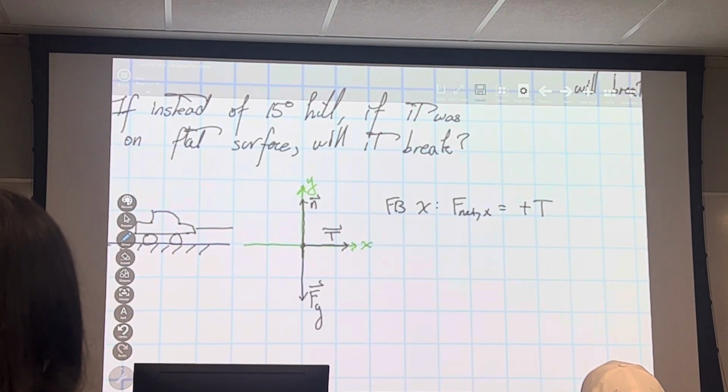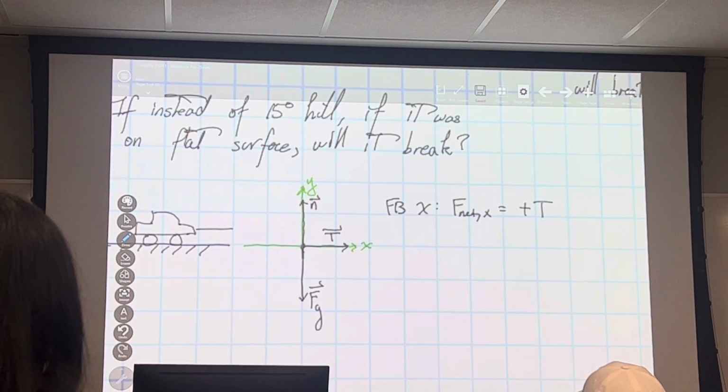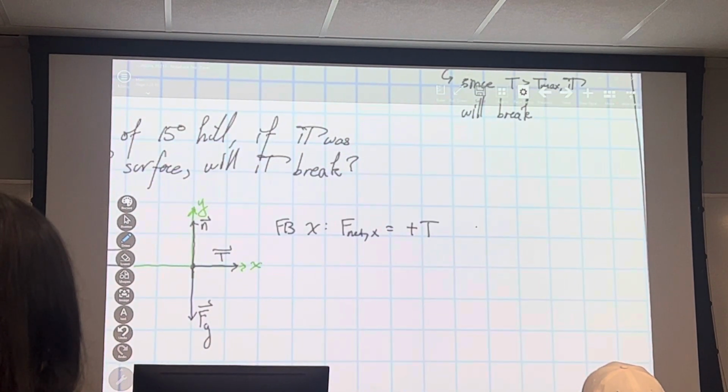Anything else? The answer is no. We know that this, according to Newton's second law, has to equal mass times acceleration in the X direction. What is the acceleration in the X direction this time, in this scenario?